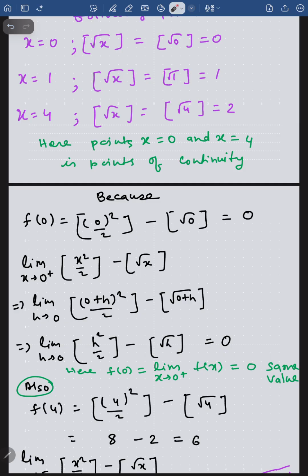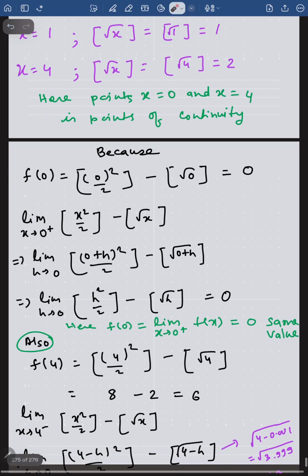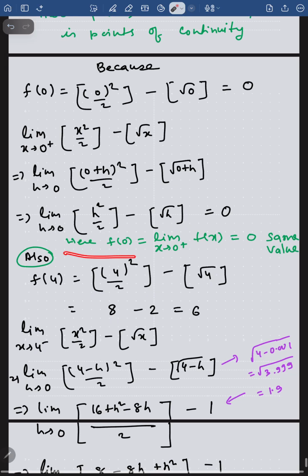Here you are getting, say, 0.0001, so its square will be again a very small number near 0. Divided by 2 will also give a small number near 0. So finally you will get this value as 0. Here also same, 0 plus 0.001, square root also gives you a value near 0. So this value will also give you 0. So these two are the same, means the limit and the functional value are the same, so it is continuous at 0.